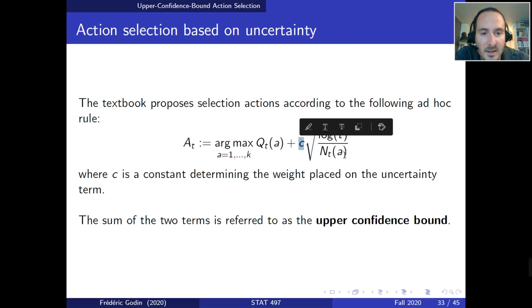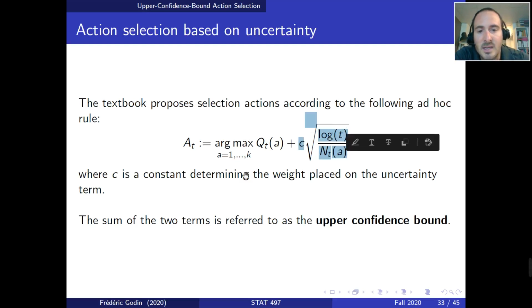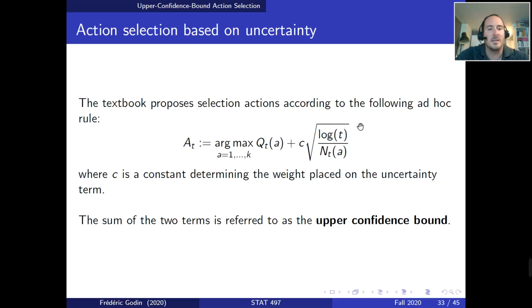Okay, so if this term did not exist, choosing the action which has the highest estimated value is simply being greedy. But now a second term is included in the expression where to this first term we add a constant c times the square root of log t, the t being the play index at which we are at right now, divided by N_t(A), which is the number of times action A was sampled prior to play t.